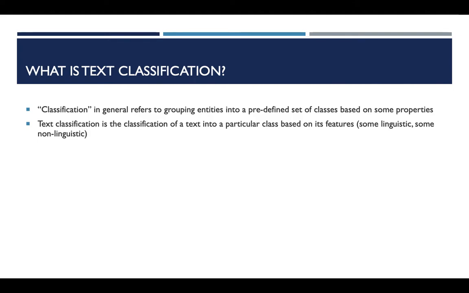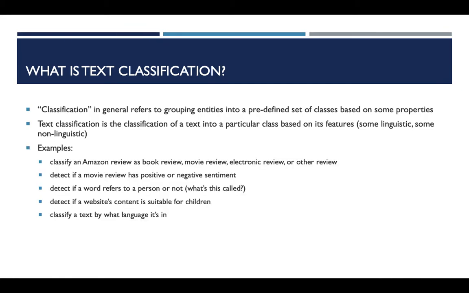And so we want to classify these based on their features, whether they be linguistic features or non-linguistic features. Some non-linguistic features might include things like font color or capitalization or the use of large numbers, things like this, versus things that are more obviously linguistic, such as number of nouns, number of verbs, what have you. So here are more examples to wrap our minds around this.